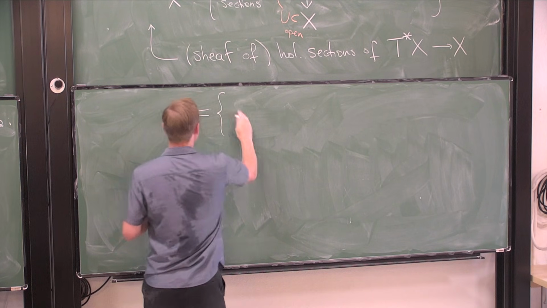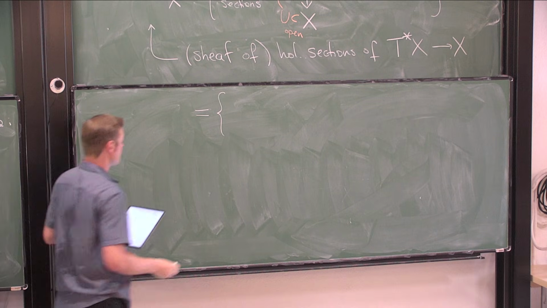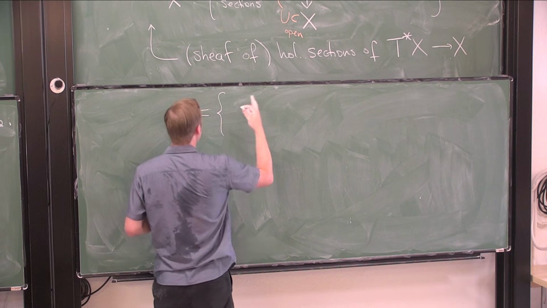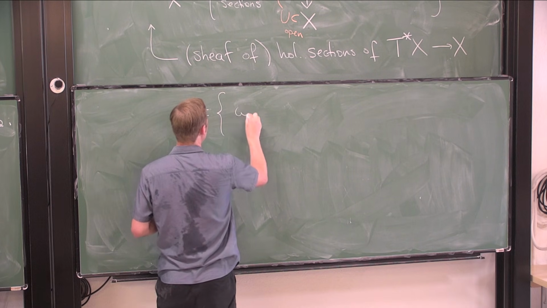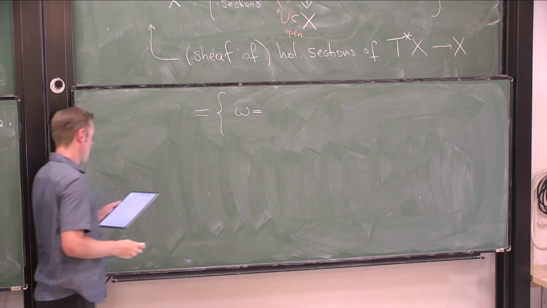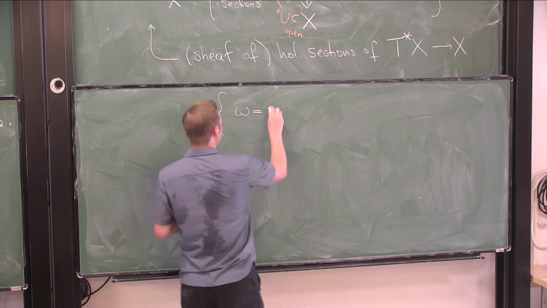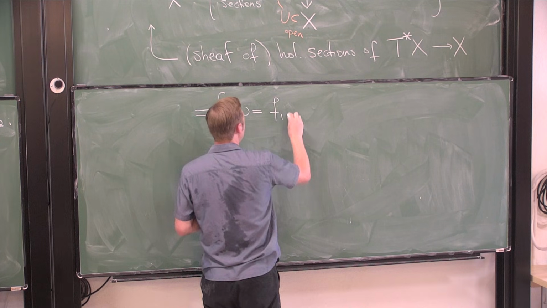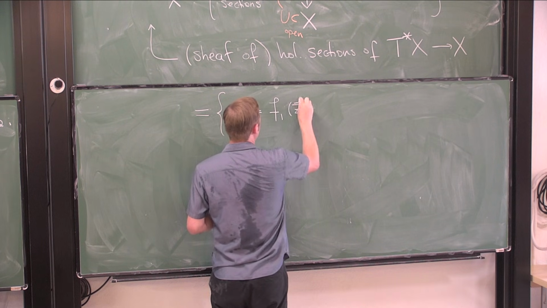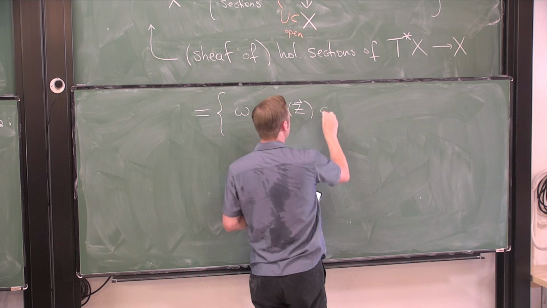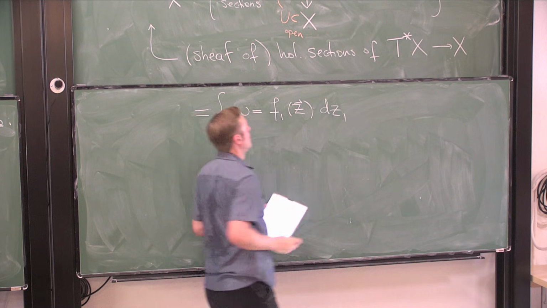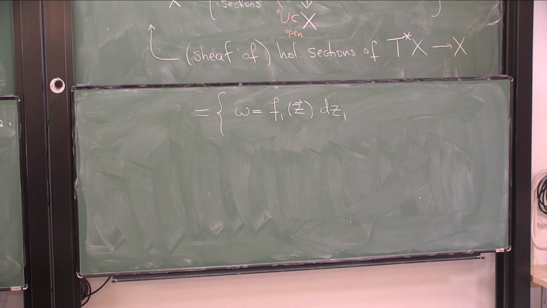At least as a set, you can think of it like this: it's the set of all elements that look like this. I'll call them omega. And omega is just a linear combination of my covectors, dz_i.